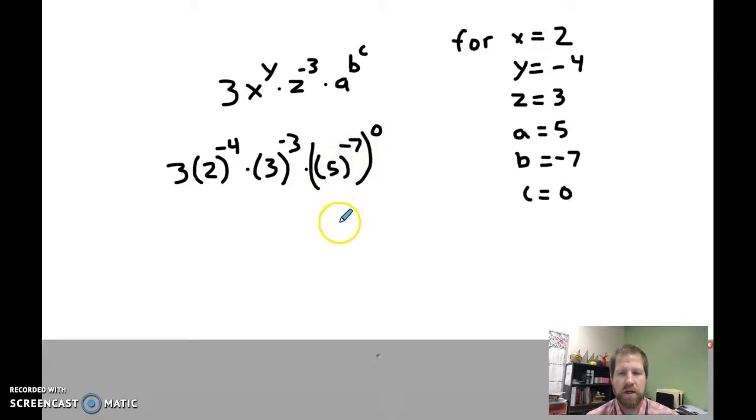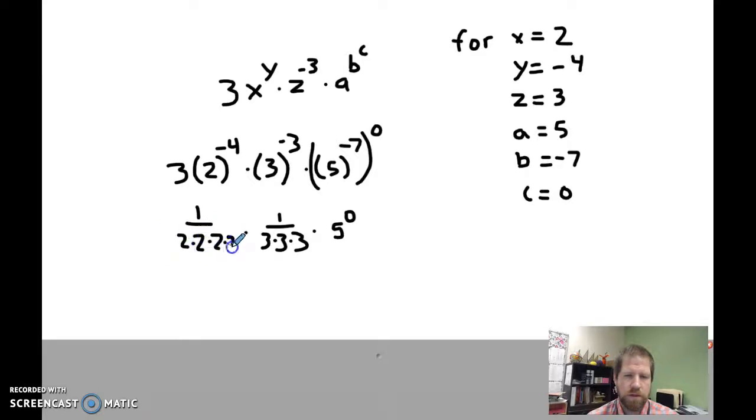So this actually shakes out to 5 to the 0, because negative 7 times 0 is 0. 3 to the negative third is going to be 1 over 3 times 3 times 3. 2 to the negative fourth is 1 over 2 times 2 times 2 times 2, and then we're going to be multiplying that times 3.